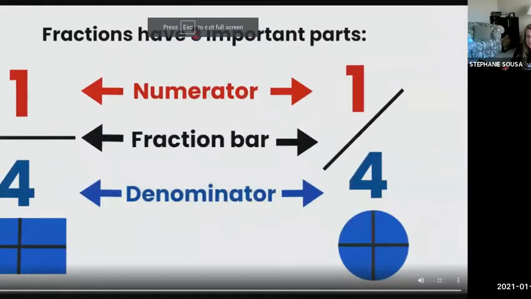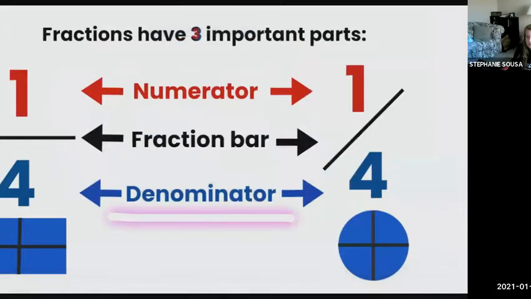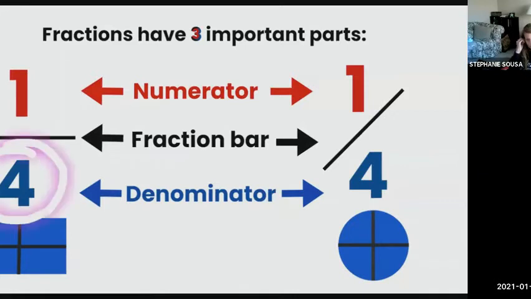We're going to start today at the bottom, taking a look at the word denominator. The denominator shows how many parts are inside of a whole. So when we see that we have a 4 as a denominator, we can see that we have 4 parts on the whole rectangle. By the same, we can see that we have 4 parts on our circle model.